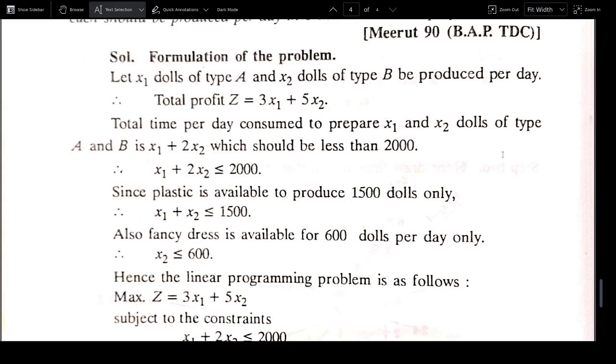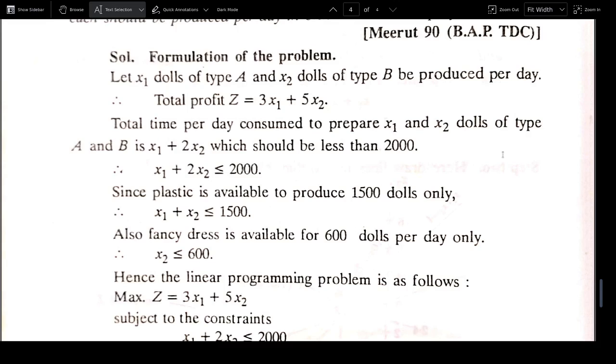So hence this is the linear programming problem, a maximization problem. Maximize Z equal to 3x1 plus 5x2 subject to the constraints. These are the constraints, right? And x1, x2 are the number of dolls, so they cannot be negative: x1 greater than or equal to 0 and x2 greater than or equal to 0.